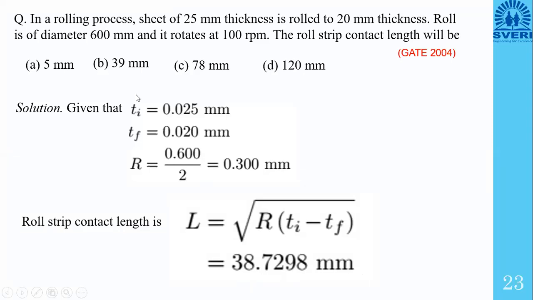So that is nearer to 39 mm. Options may be given in rounded form many times. So this is the closest answer, which is B. So the answer is B. Same thing, either they will ask the question on a particular mathematical point, or they will ask the question on a theoretical point.